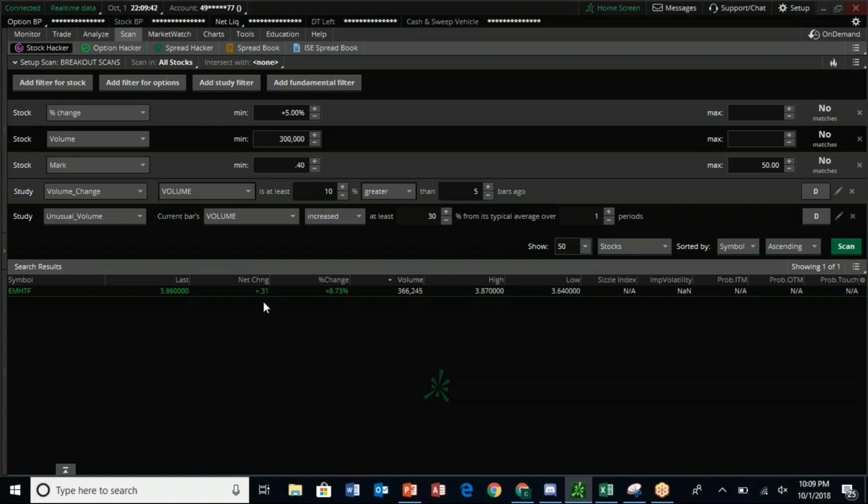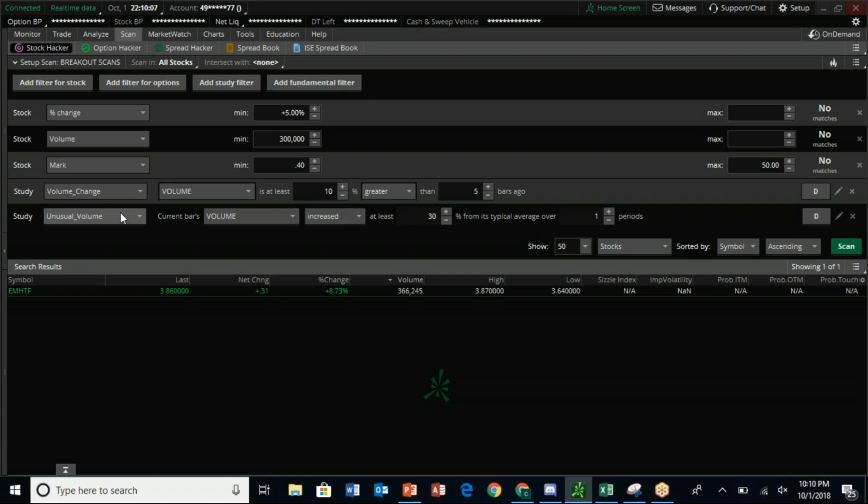So this is what I look for from my breakout scans. As you can see, I actually had this one at 40 cents and $50. But the volume change, the volume is at least 10% greater than 5 bars ago. So as volume increases 10% or more over the last 5 candlesticks or bars, this will be agreeable to that study.